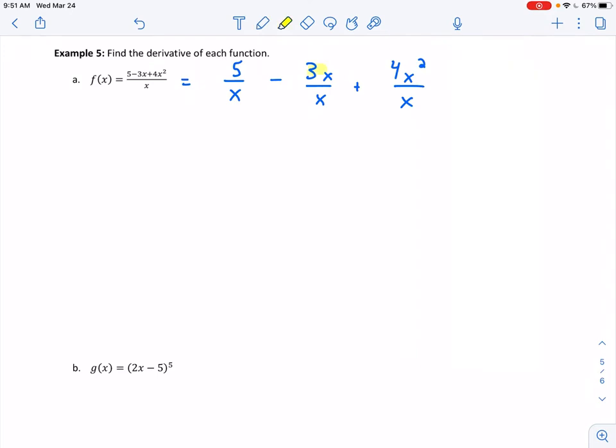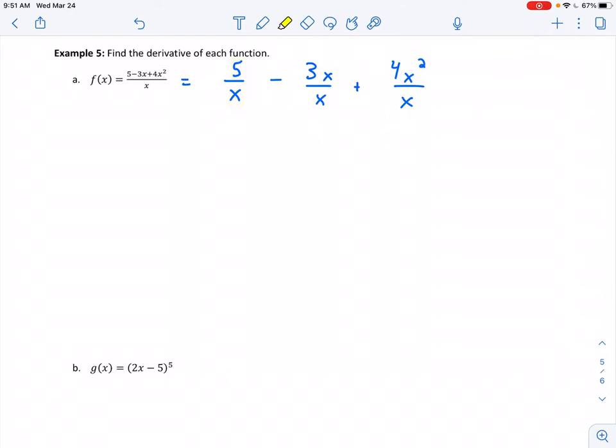If I look at the second two terms right here, I can cancel some powers of x. I also want to think about what I need to do in order to take the derivative in my next step. In this first term, I see that power of x in the denominator. I know that in order to use my power rule, I need to rewrite that with a negative exponent.